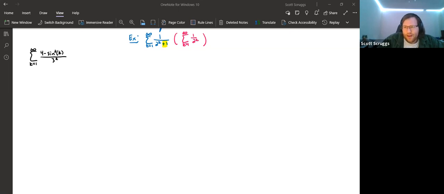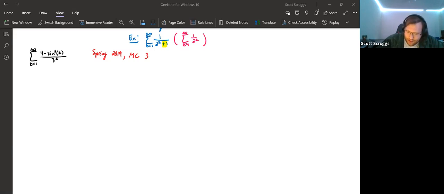So let's do this one: 4 minus sine of k squared over 3 to the k power. To give emphasis of where I chose that from, this is from the spring 2019 exam, and this is multiple choice theory.